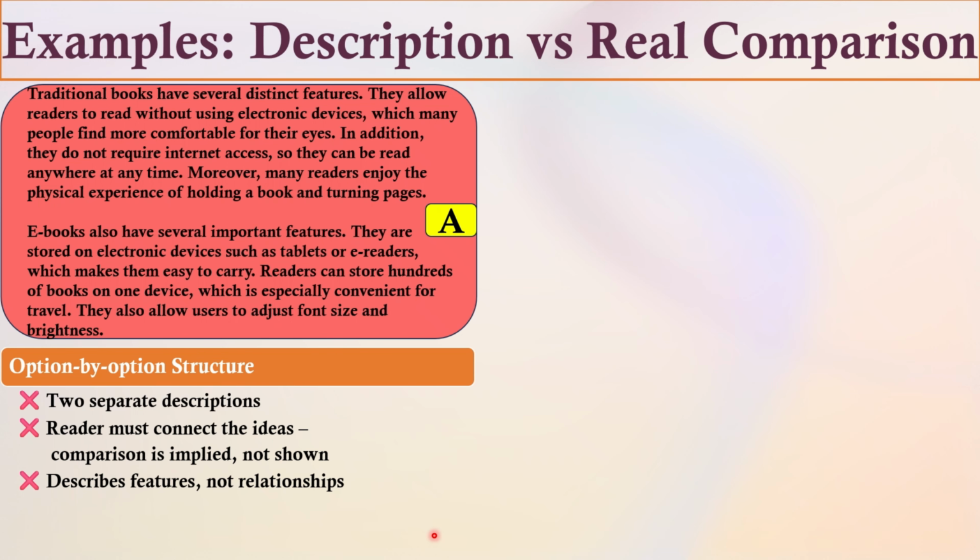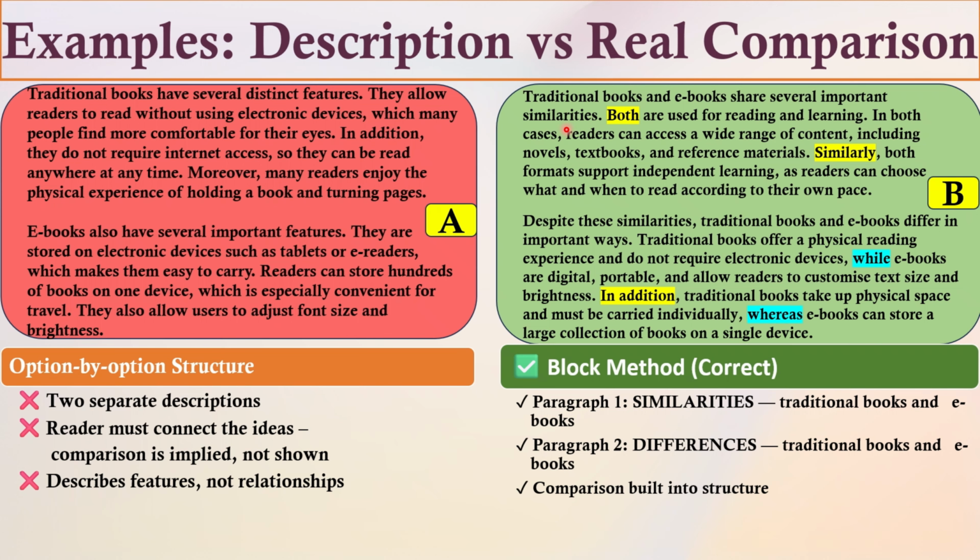In version B, the writer uses the block method properly. One paragraph focuses only on similarities between traditional books and ebooks, and the next focuses only on the differences between them. Here, comparison is part of the organization. It is built into the structure itself. The language and structure work together to show how traditional books and ebooks relate to each other. Comparison means showing relationships, not just listing features.